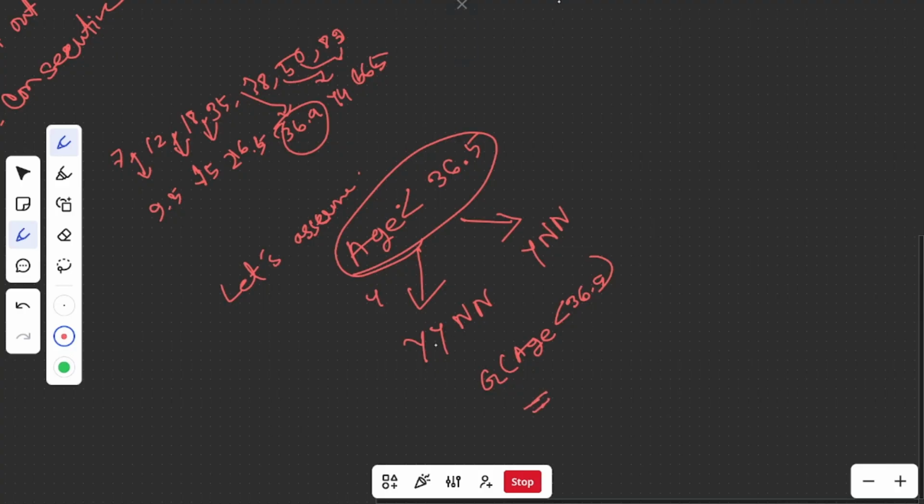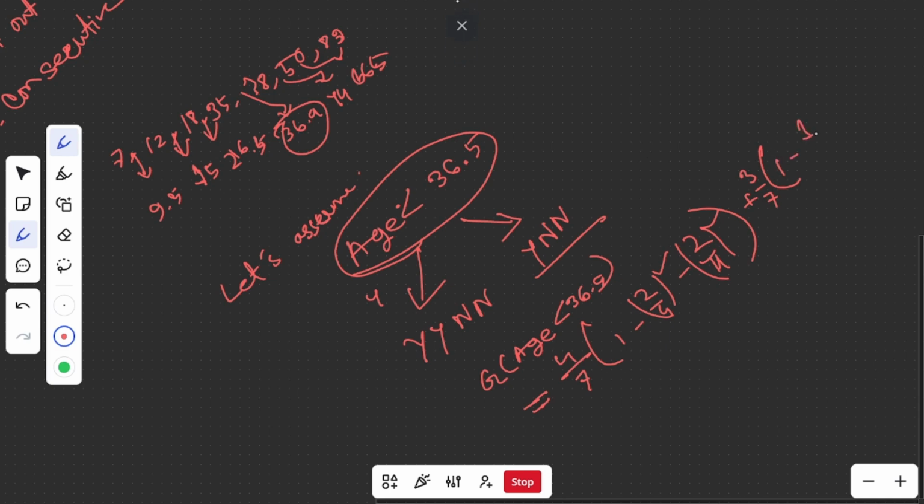So the total decisions is 7, and 4 here, and 1 minus yes 2 out of 4, and no 2 out of 4, plus 3 out of 7 is here, and 1 minus 1 divided by 3 minus 2 divided by 3 whole square.